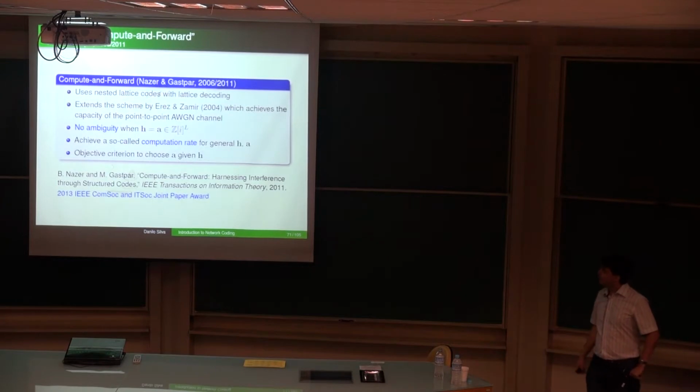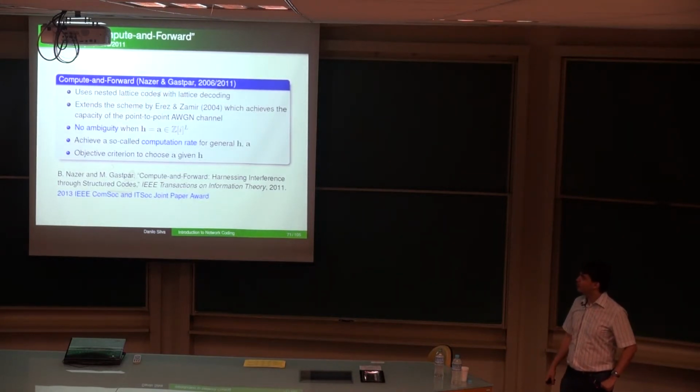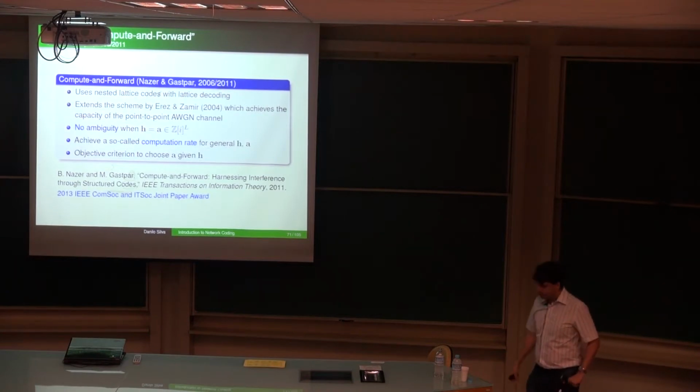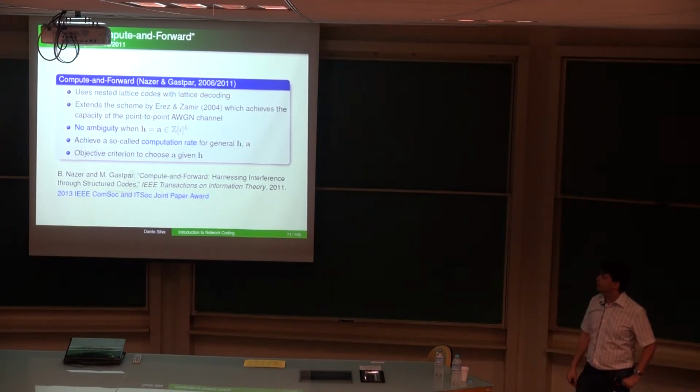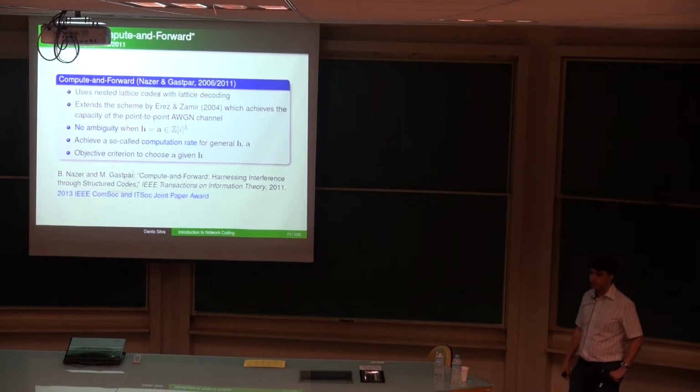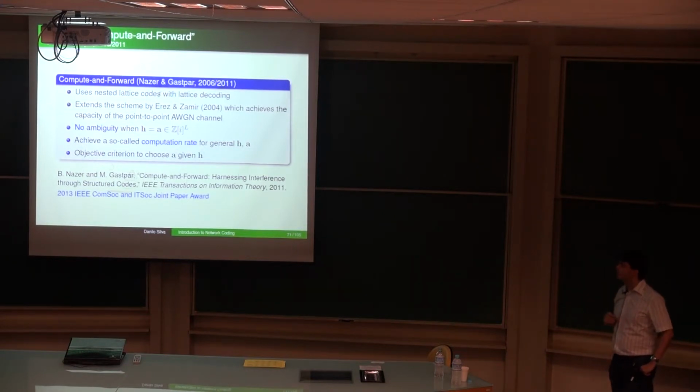It turns out that the solution was proposed by Nazer and Gastpar. They call it compute-and-forward. They base their scheme on the use of nested lattice codes with lattice decoding. They extended a scheme by Erez and Zamir, which achieves the capacity of the point-to-point Gaussian channel. And it features that property of no ambiguity when the channel gains are integers.